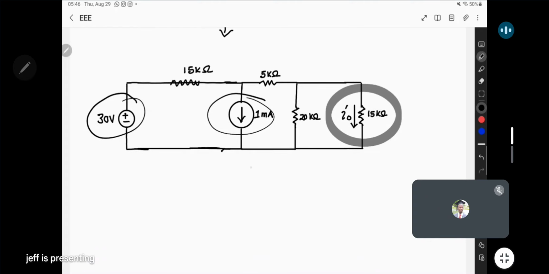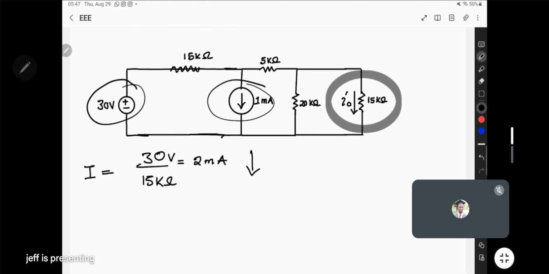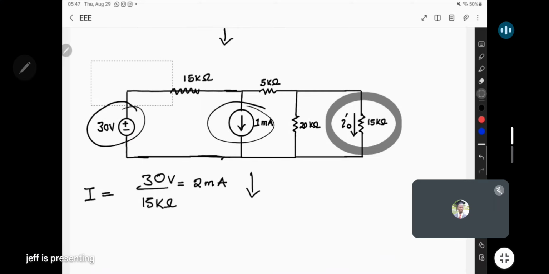To make the transformation, the current source will be equal to the voltage divided by the resistance. Remember 15 kilo, that is 15,000. So this is basically going to be 15 into 30, that's going to be 2, and then the kilo will mean this is going to be milliamps. Then we draw the circuit now.